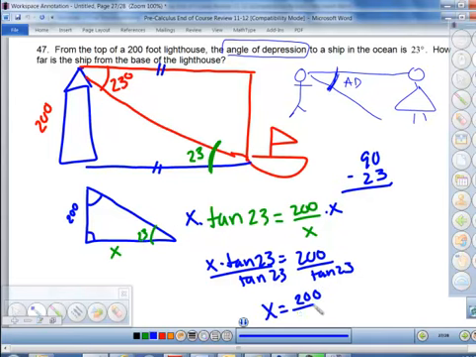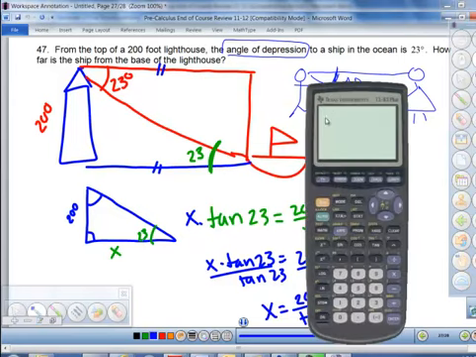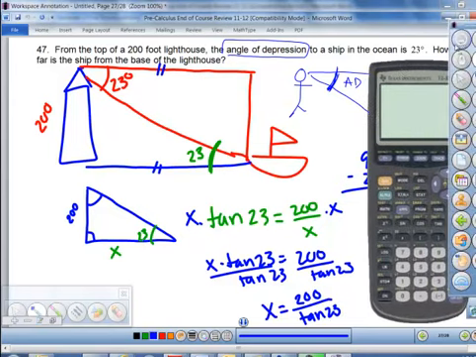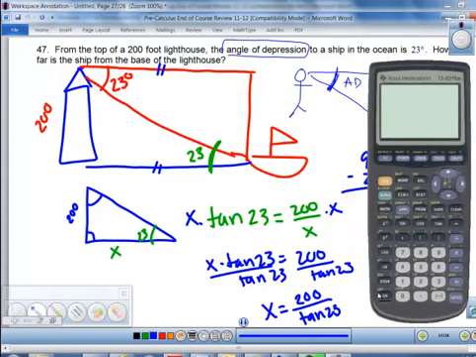So 200, and then this is tangent 23 degrees. So let's see what we get. All right, so 200 divided by tangent 23, and that gives me 4. Okay, so it's 471 feet away.